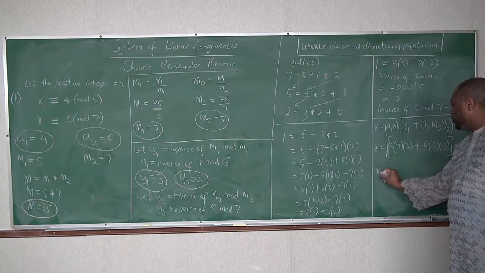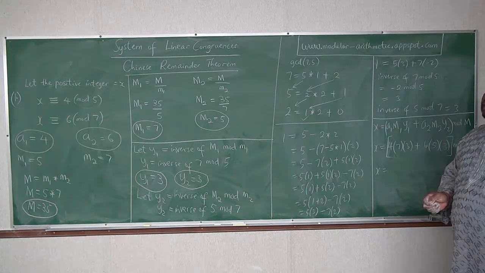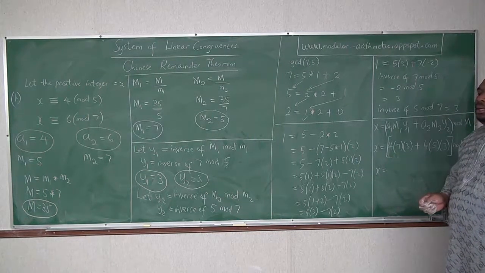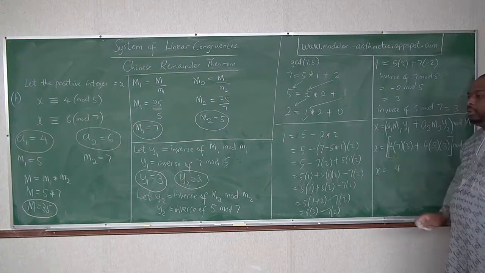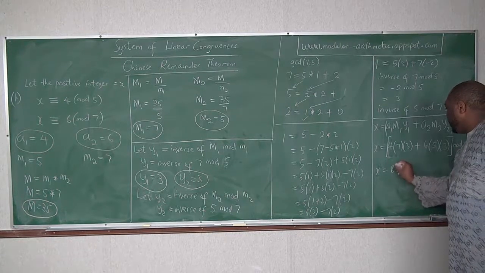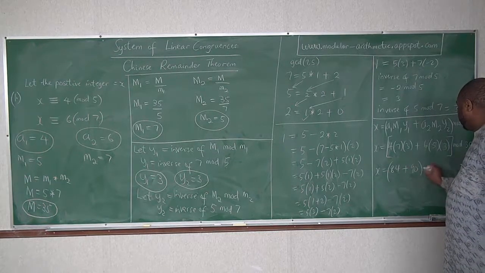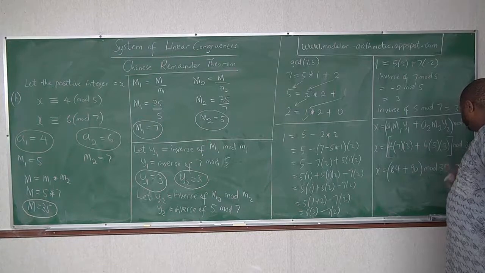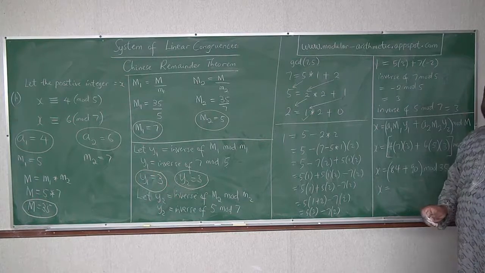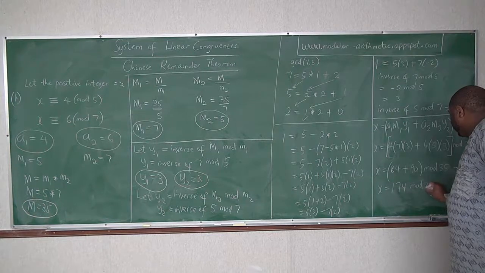So x will be equal to 4 times 7 is 28. 28 times 3 is 84. 84 plus 30 times 3, 90, mod 35. So x will be equal to 84 plus 90 is 174 mod 35.